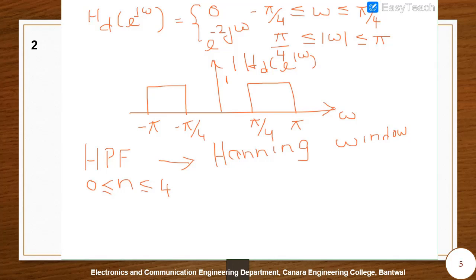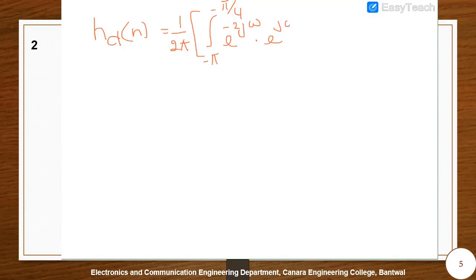We need to find the coefficients HD of n, and it can be found by using the formula HD of n is equal to 1 over 2 pi integral minus pi to minus pi by 4 e to the power minus 2j omega e to the power j omega n d omega plus pi by 4 to pi e to the power minus 2j omega e to the power j omega n d omega.